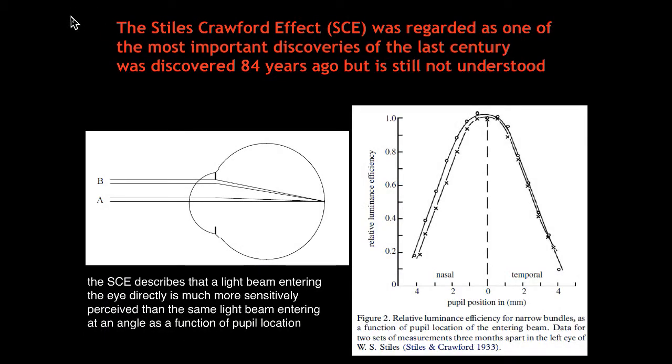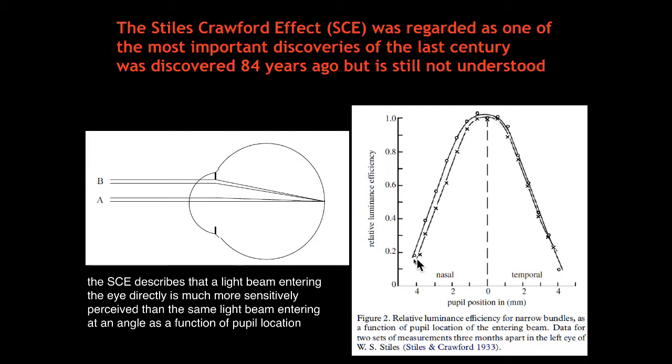Physiologically, these central Müller cells may be related to the Stiles-Crawford effect, which was regarded as one of the most important discoveries of the last century and was discovered 84 years ago, but still is not understood. The Stiles-Crawford effect describes that a light beam entering the eye directly is much more sensitively perceived than the same light beam entering at an angle, as a function of the pupil location.